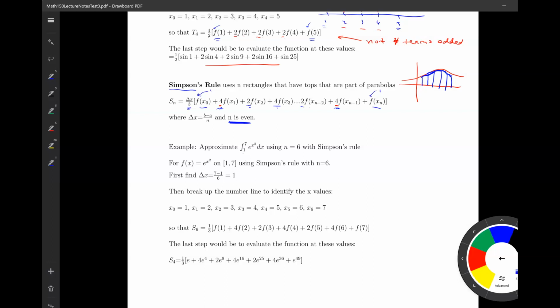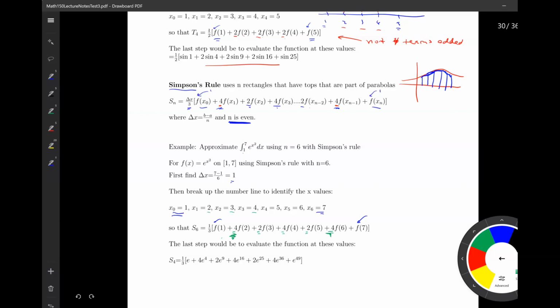So you first find the delta x, which is 1. So make up the number line. I just wrote out the numbers that we're looking at. So I'm going to have 1 times f of 1, 1 times f of 7. So those are the two endpoints. Okay, so then now I start the 4, 2, 4 pattern. So 4, 2, 4, 2, 4. It starts with 4, ends with 4 between the two edge points.